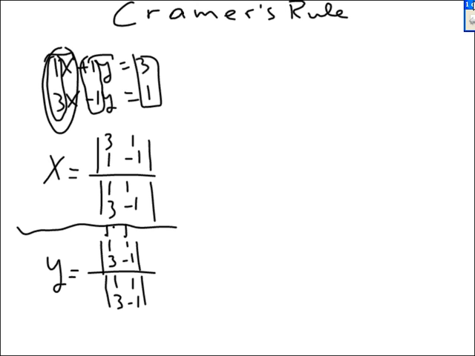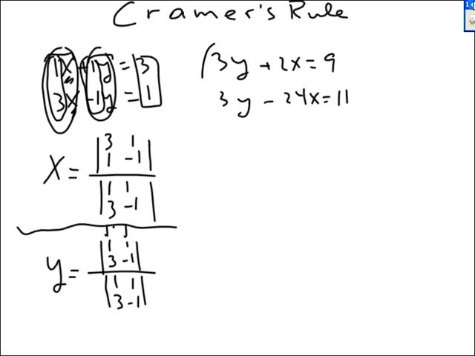Because the first column says x, and the second column says y. If I had written 3y plus 2x is 9, and 3y minus 24x is 11, well, those would be y numbers. The first entries, first column, would be y's. Whichever comes first. X happened to come first, so the first column is x, and then y's came up.